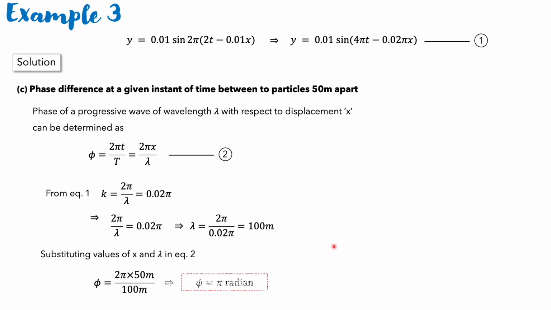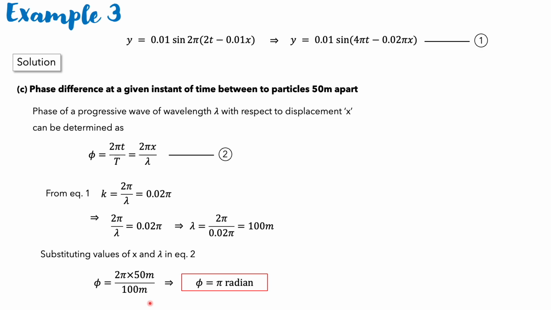This is the wavelength of the wave, and then we substitute the values of x and lambda in equation number 2. The x given to us was 50 meters. We put that value here, 50 meters divided by 100 meters, which was the wavelength.